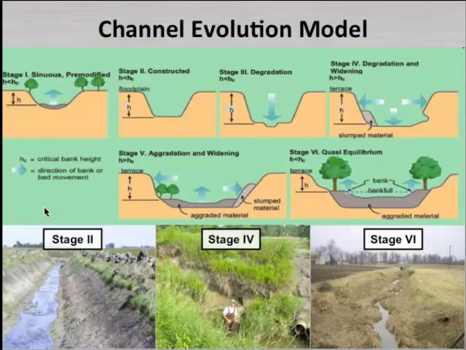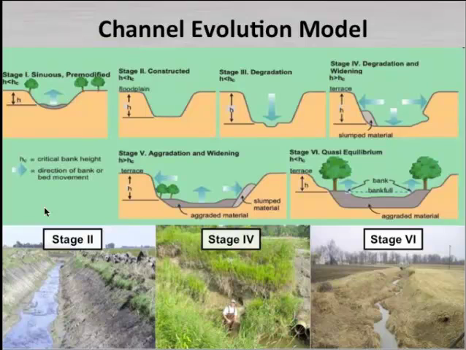If it has enough energy and the bed sediments aren't resistant to that energy, it can downcut. If it downcuts, it may make the bank steep and they can fail. If the bed's resistant to that energy, but the banks aren't, it can just start widening. And through those processes of erosion, it becomes wide enough. At some point, there's not enough energy, and there'll actually be a deposition of material, which will be building the floodplains back up.